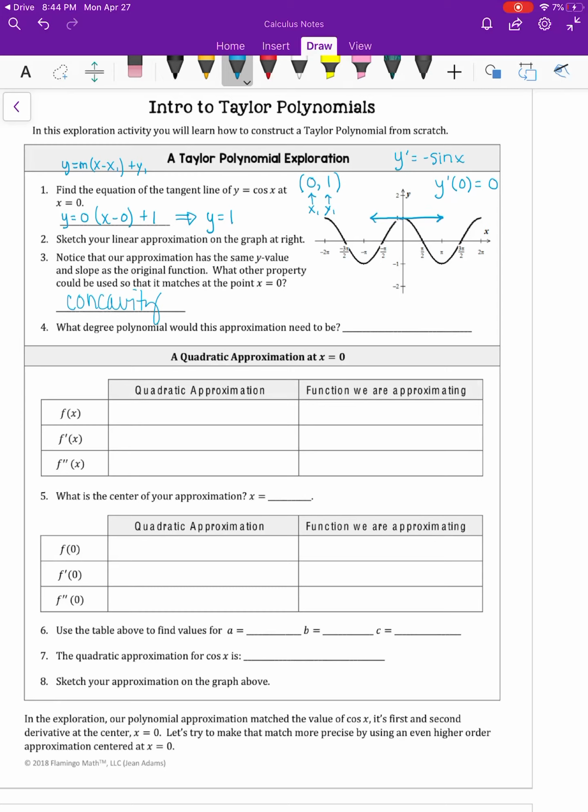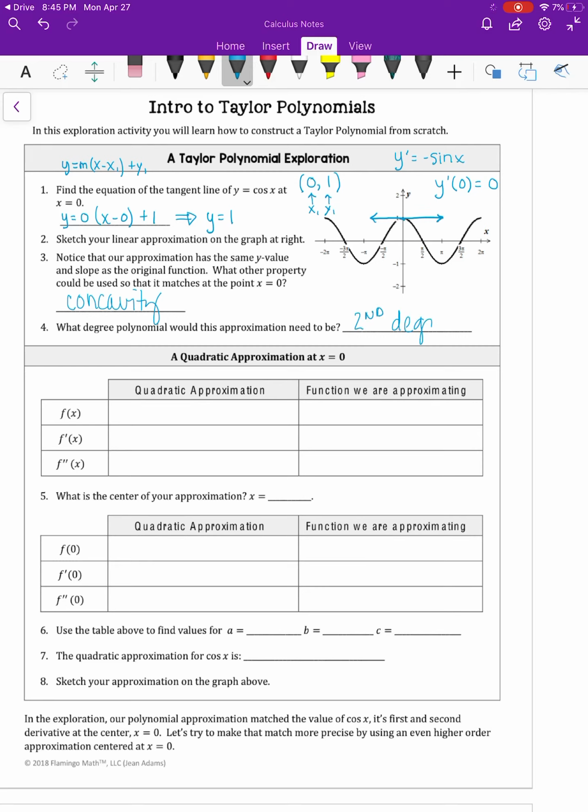Right now it's exactly the same at that 1 point, but it's not exactly the same anywhere else. So what if I kept going and looked at the second derivative, to try and involve concavity, since the second derivative tells me concavity. So what degree polynomial would this approximation need to be?